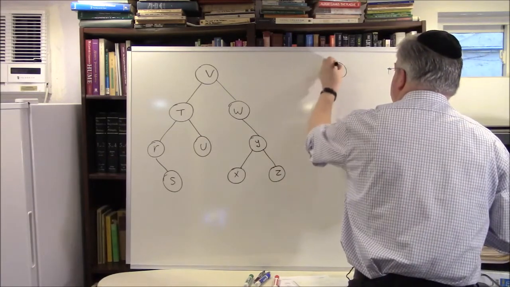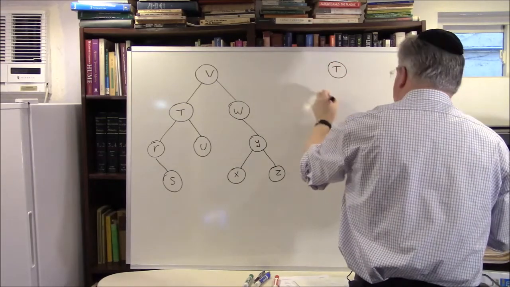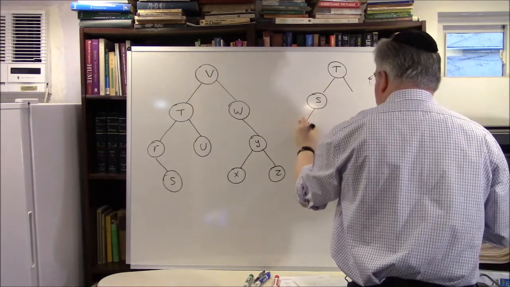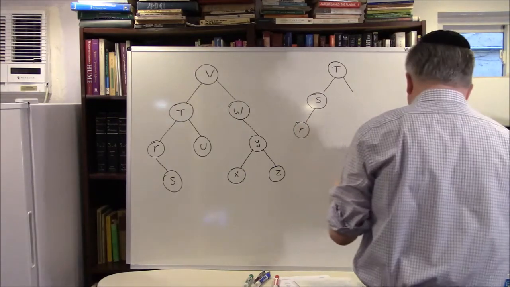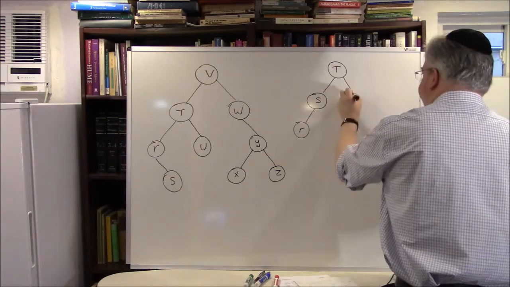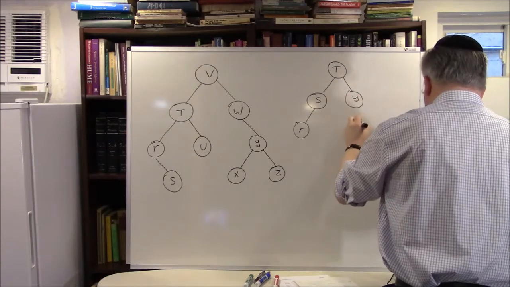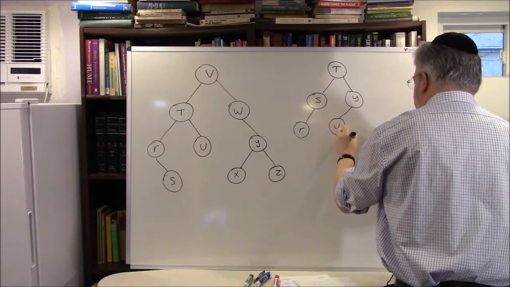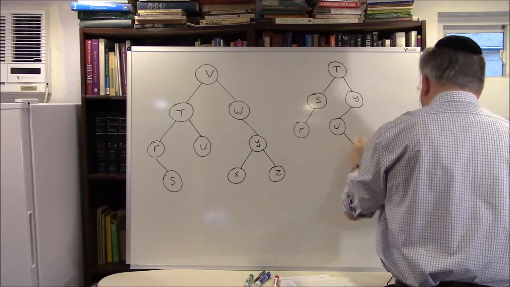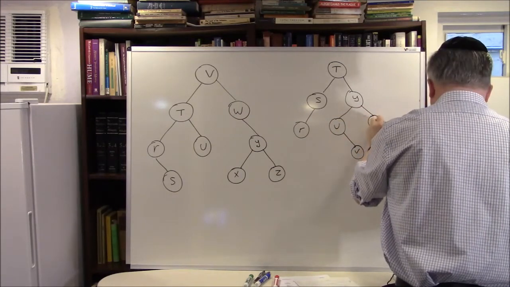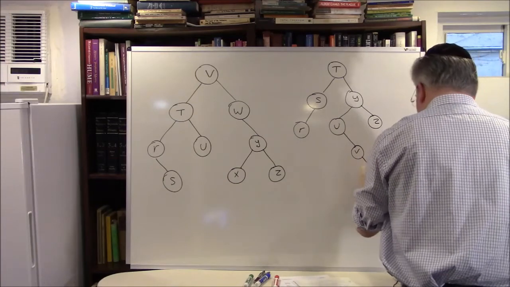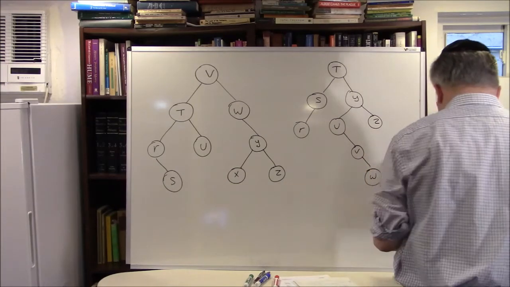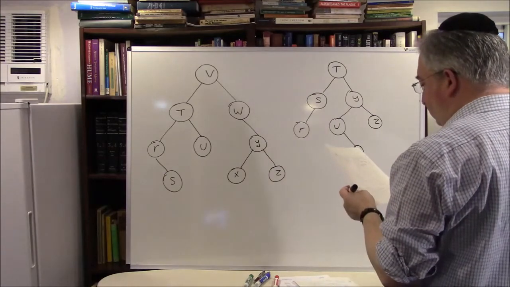You can have T on top, and you can have S over here and R over here. You can have Y over here, U over here, V over here, Z over here, W, X.